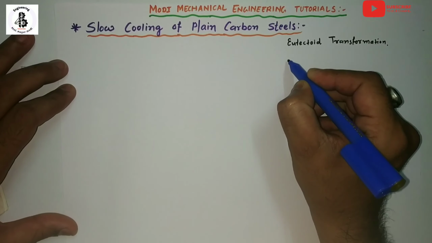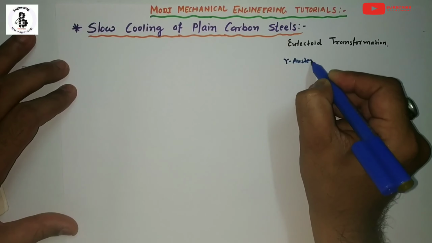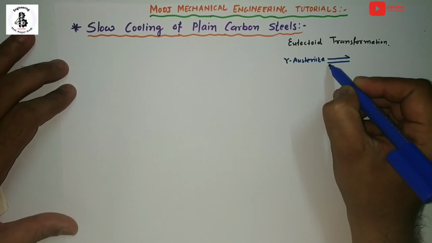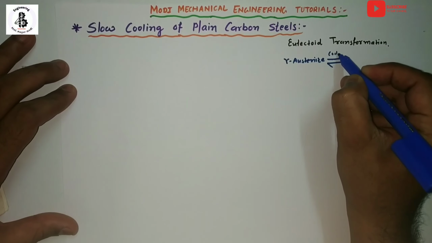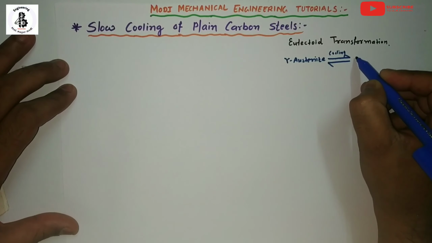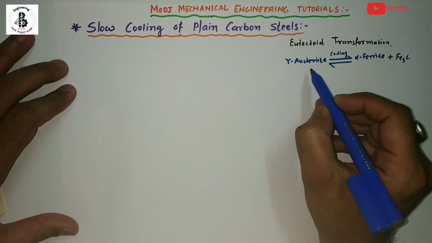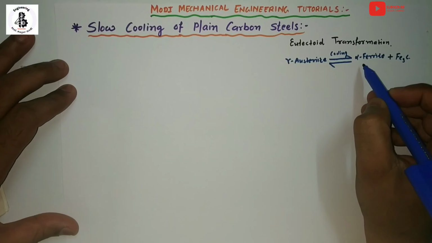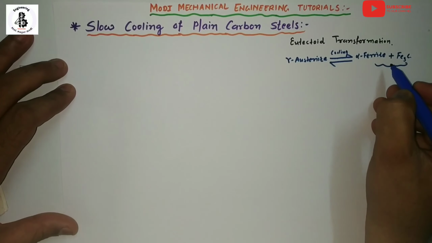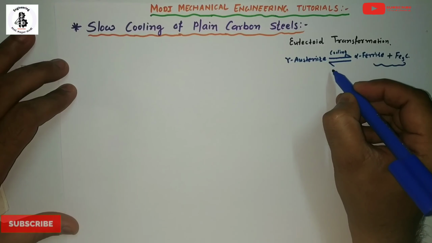In the case of the eutectoid transformation in the iron carbon diagram, one of the solids, the gamma phase of austenite, transforms on cooling into alpha ferrite plus cementite, or Fe3C. And by heating the alpha ferrite plus cementite, you will also get gamma austenite.